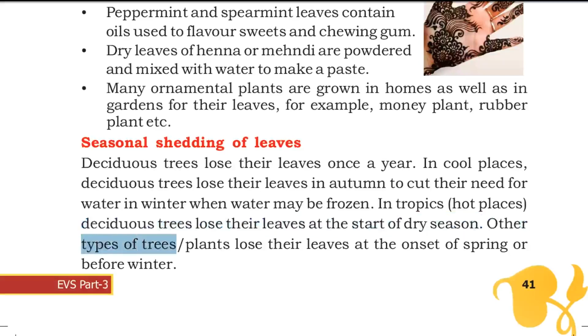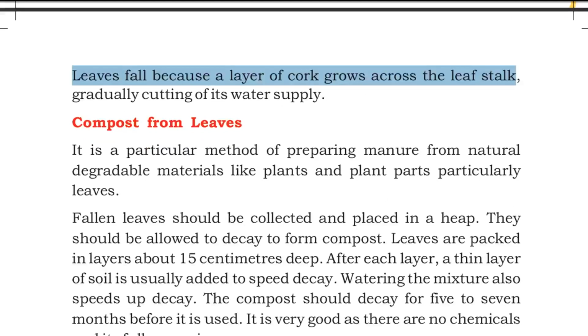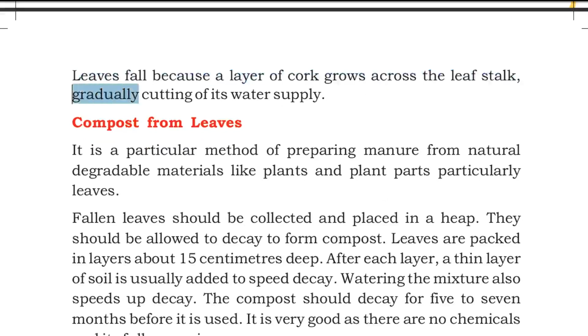Other types of trees or plants lose their leaves at the onset of spring or before winter. Leaves fall because a layer of cork grows across the leaf stalk, gradually cutting off its water supply.